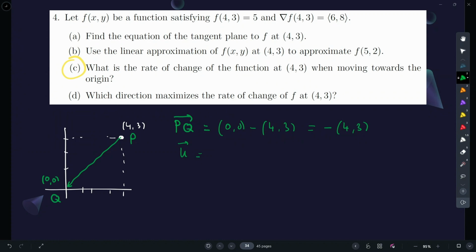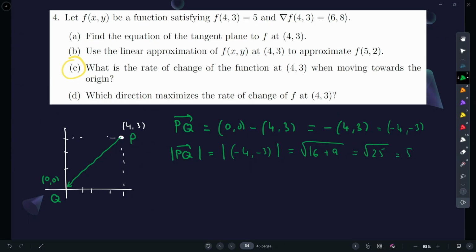Yes, so first of all I'm going to find the length of PQ, which is the length of (-4, -3). It's the square root of 16 plus 9, which is 25, which is 5.